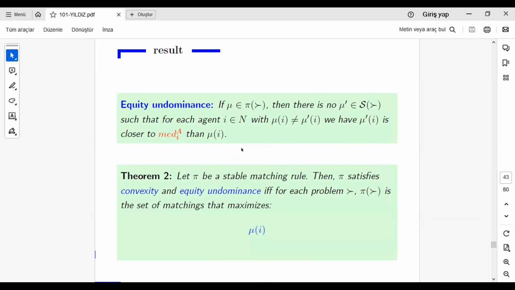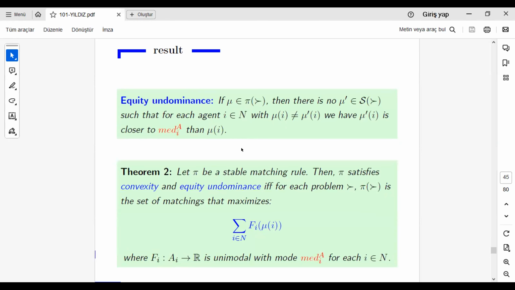So again, it's a characterization, and it says that take any stable matching rule and suppose it satisfies convexity, as in theorem 1, plus equity on dominance, if and only if it can be gotten as the minimizer of a modular assessment function, which we know from proposition 1 decomposes into individual assessment functions, but where, the bottom line, each individual assessment function is single-peaked or unimodal with mode median i, okay?